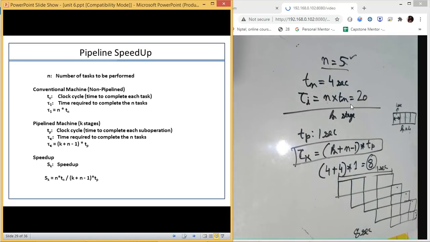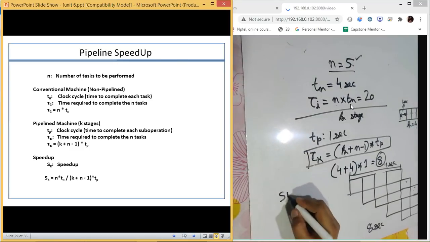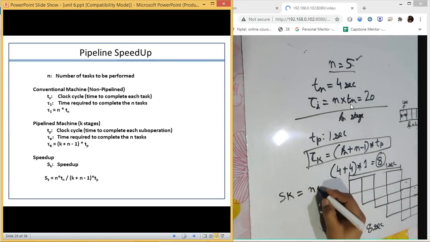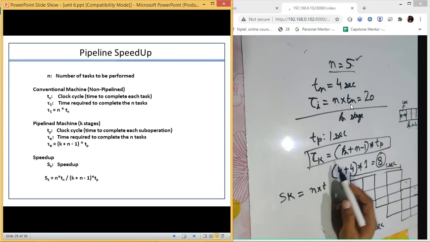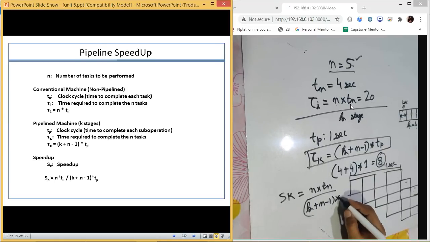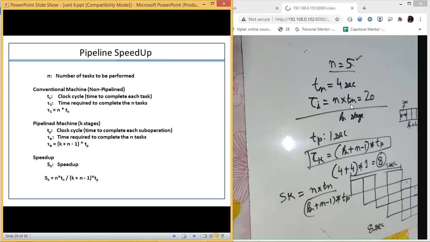If you want to calculate the speed up, which is represented by Sk, you simply divide these two values. It will be n into Tn, which we have got here, divided by k plus n minus 1 into Tp. Simply perform this and you will get the speed up factor.